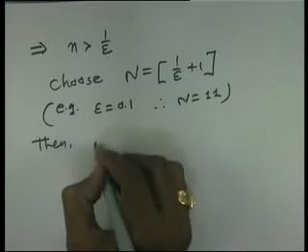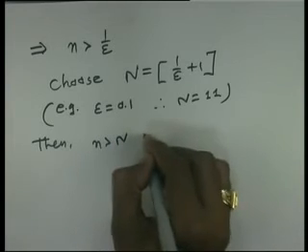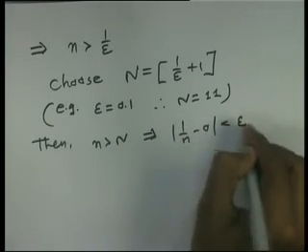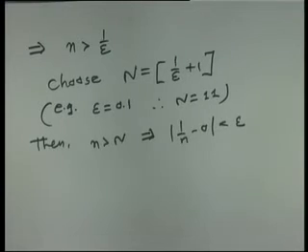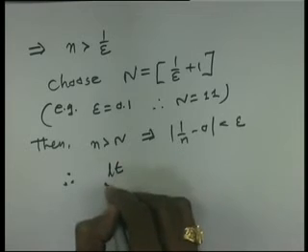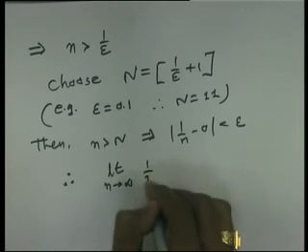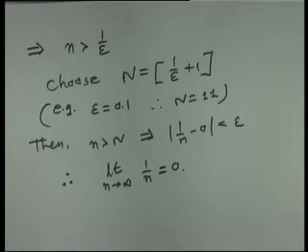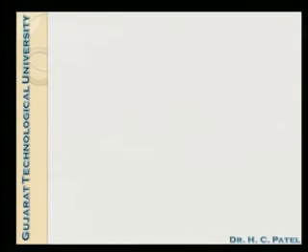Then for all n greater than N, we have |1/n - 0| < epsilon. As all the conditions of the definition are satisfied, we can say that limit n tends to infinity 1/n is equal to 0. So in this way we can prove the limit of the sequence by definition. Slide please.